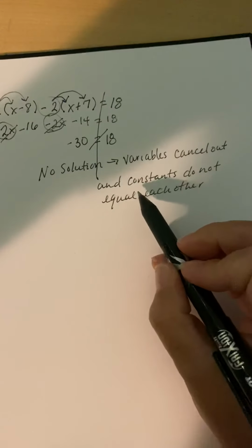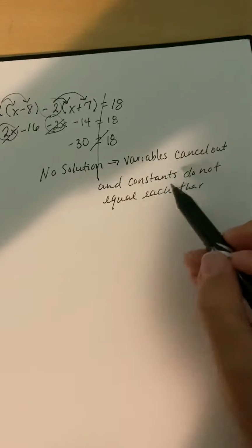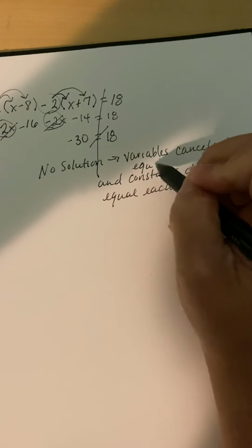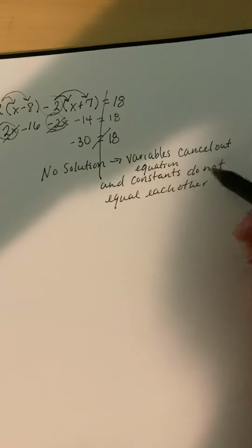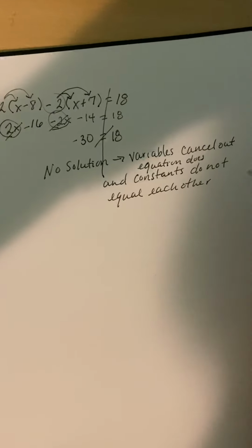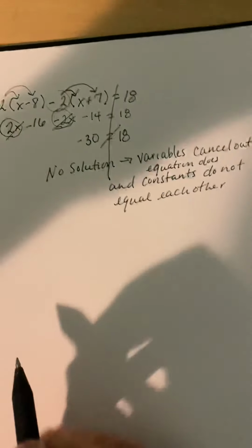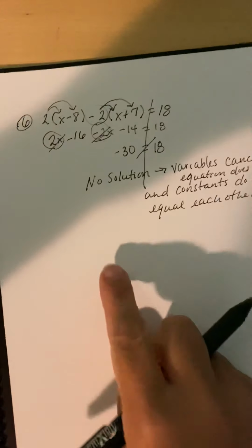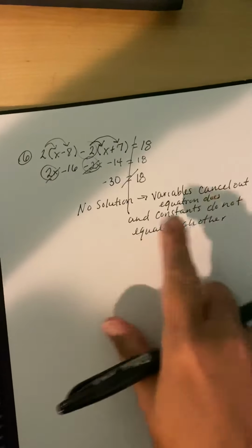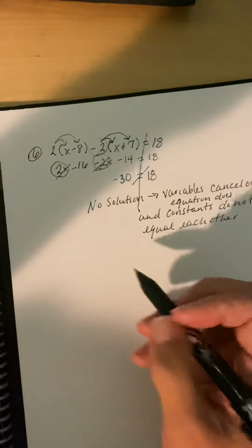Or you could say variables cancel out and the equation does not equal each other. So for example, negative 30 does not equal 18. All right, so anytime you have a no solution, that is what's going to happen. Your variables are gone, and then both sides don't equal each other.